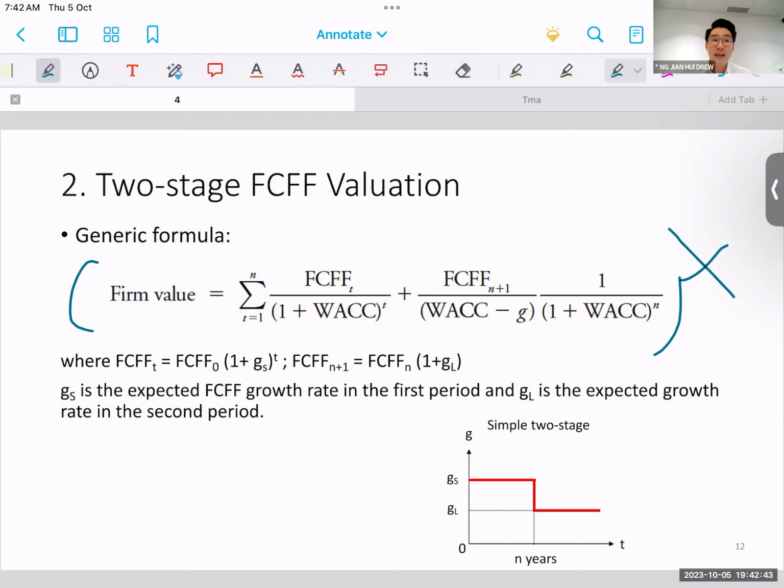So what is the intuition behind the two stage? Anyone can recall what they are explaining? How do you think about doing the two stage?